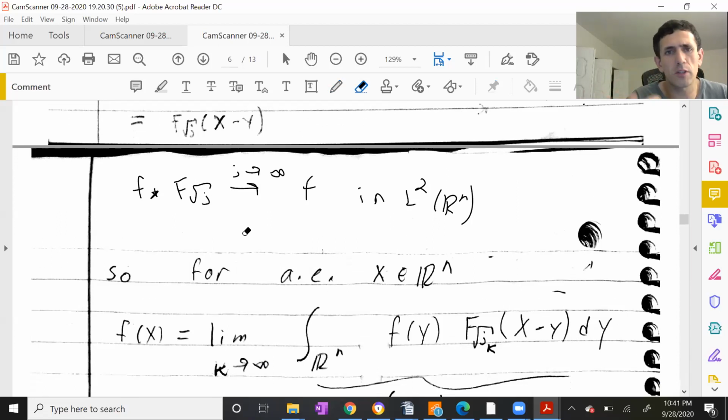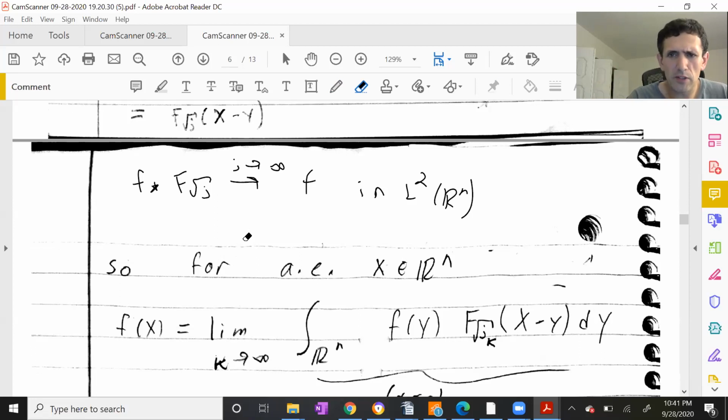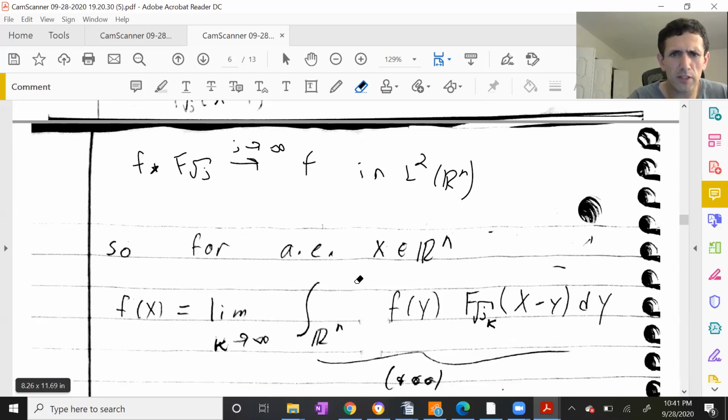We'll prove it using the Hardy-Littlewood maximal function. For us, it's extremely important. It leads to the Calderon-Zygmund decomposition, which is the cornerstone of modern Fourier analysis. Okay, so f of x is going to be this limit almost everywhere.